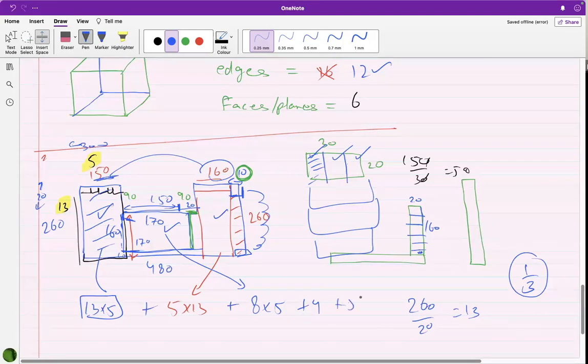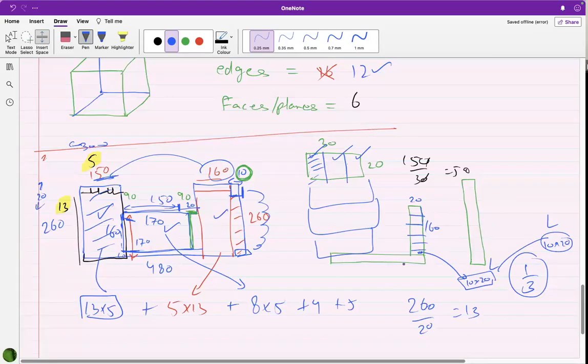So another 5 complete, and this section is left. And I know the exact length, that is 13 to 5, 150. This is 10 centimeters by 20. So 10 by 20 is left. I'll have to cut that. This last section was left, 1 by 3 of the tile, which was 10 into 20 again, left and left.